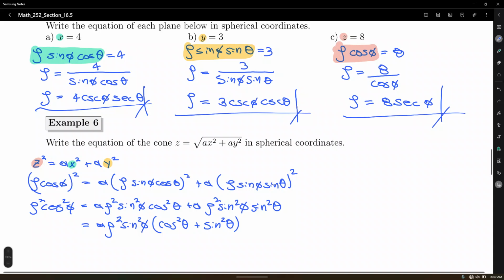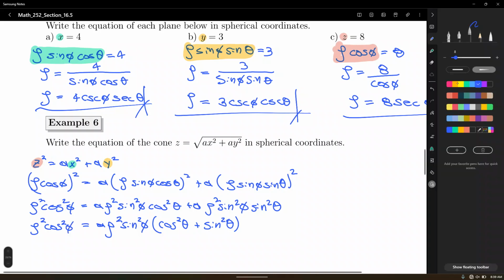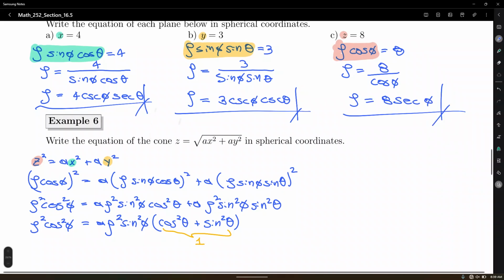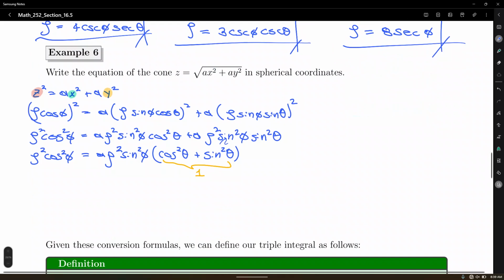Isn't that equal to 1 by the Pythagorean identity? So that's where it simplifies a lot. So this simplifies to 1, and we no longer need to keep writing that. We're going to be left with rho squared cosine squared phi equals a rho squared sine squared phi.